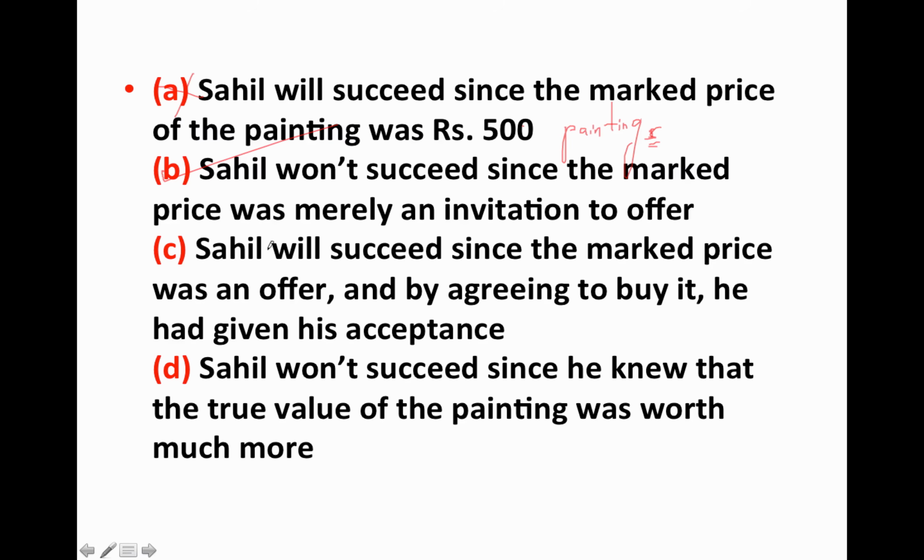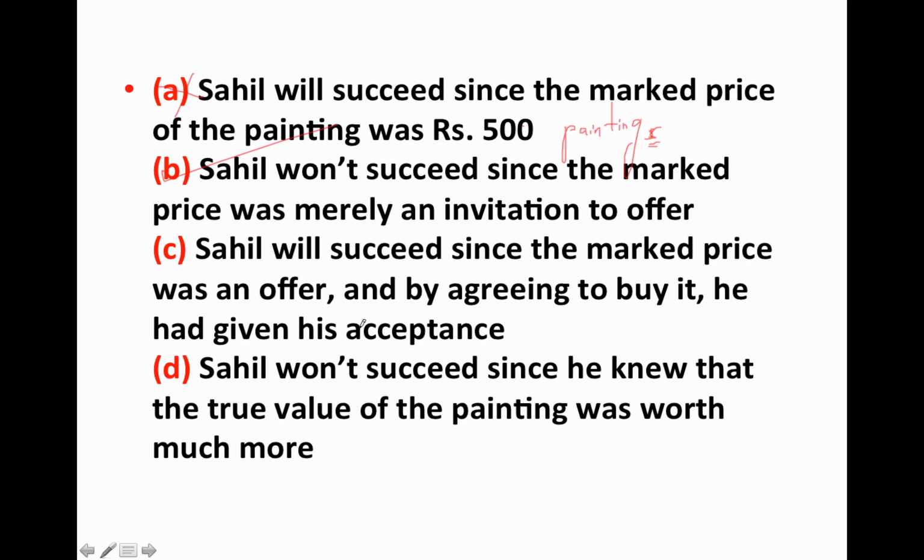Okay, the third option says Sahil will succeed since the marked price was an offer, and by agreeing to buy it, he had given his acceptance. This is wrong because the marked price was not an offer for that painting which was kept over there. Again, the fourth option says that Sahil won't succeed since he knew that the true value of the painting was worth much more.